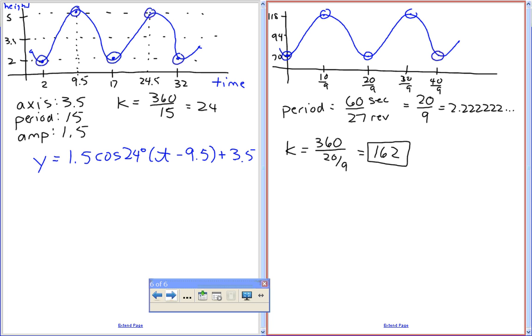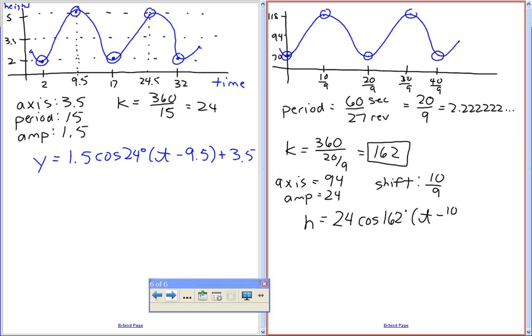Our axis is 94, our amp is 24, sorry, and our shift is 10 over 9. So our equation is H equals 24 cos 162 degrees (t minus 10 over 9) plus 94. Great. Or negative cos there too.